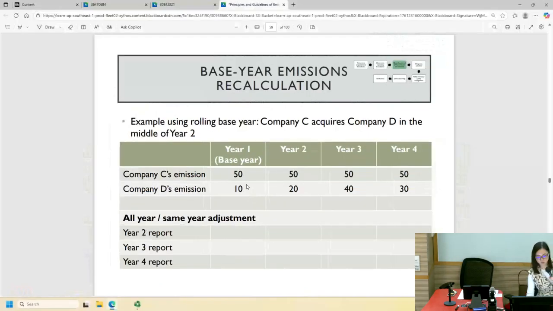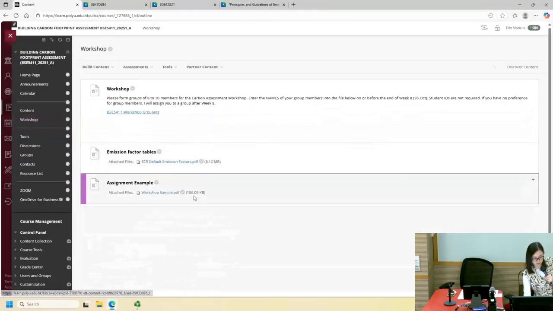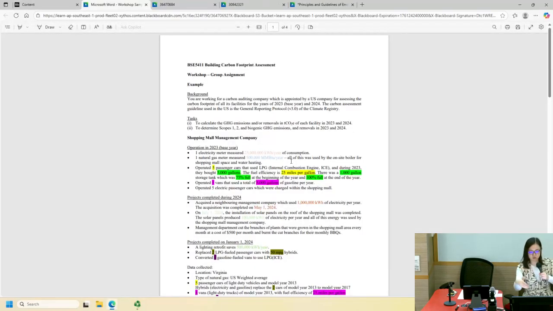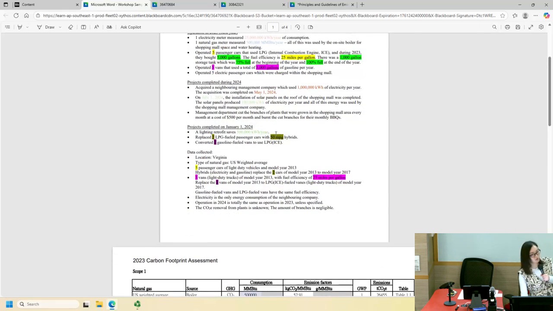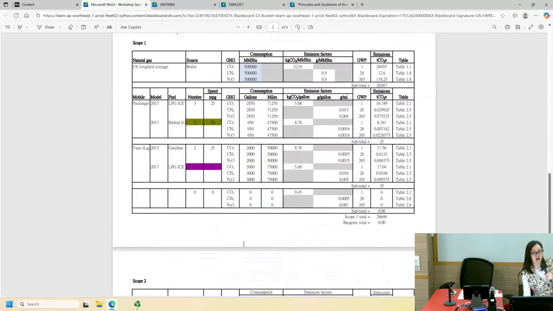And when we have finished this set of PowerPoint, we will also talk about the workshop example. This is the example about the workshop assignment. Later on when you do the workshop, you will see something very similar, just some details, items and numbers are different. So this is the question and these are the answers.